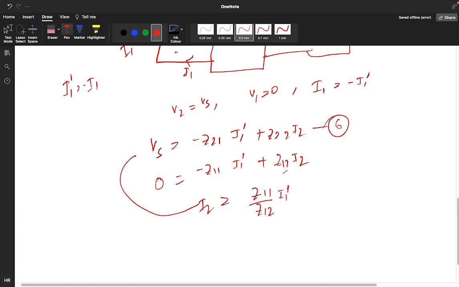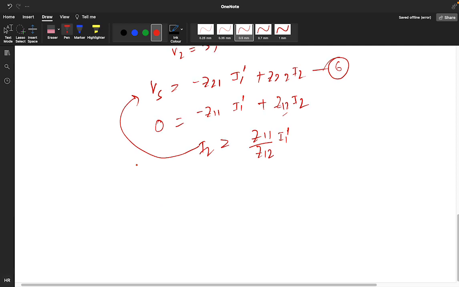Substitute the value in equation 6. So you will get Vs is equal to minus Z21 divided by Z12 into Z11. We are substituting the value of I2.